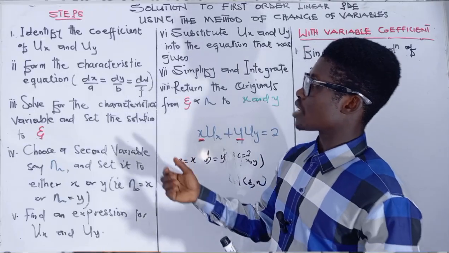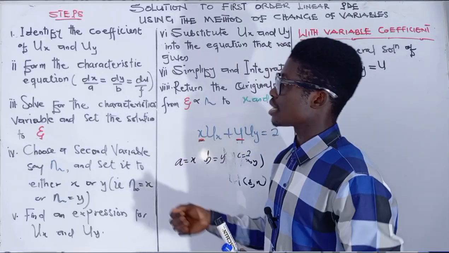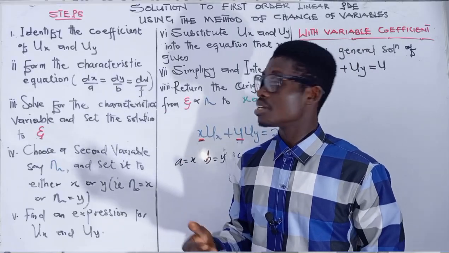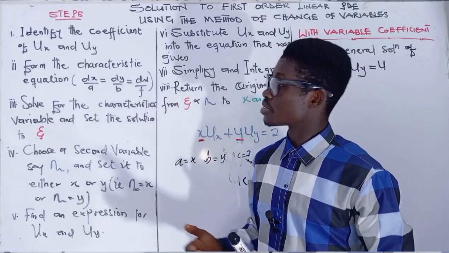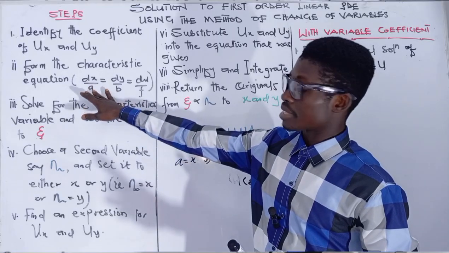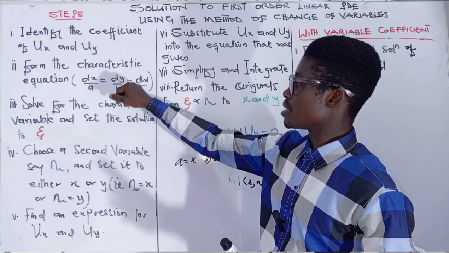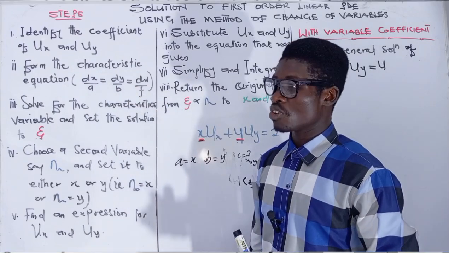Now once you identify your coefficients of ux and uy, you form the characteristics equation, and we've already talked about the characteristics equation. The characteristics equation is given as dx over a equals dy over b equals du over f.